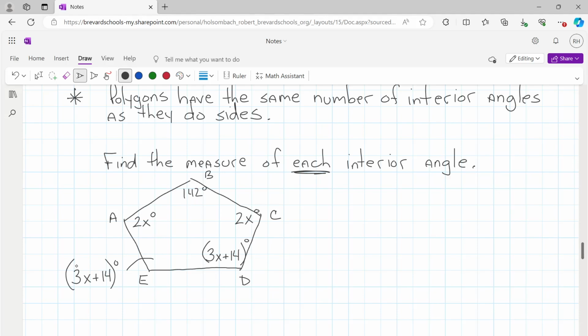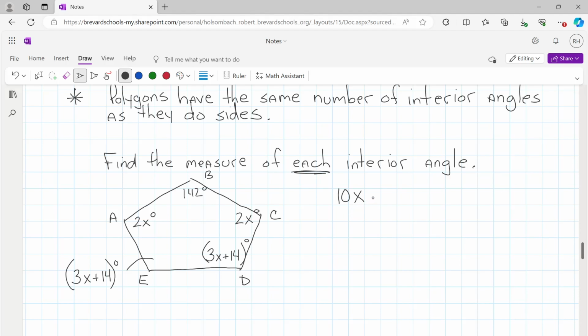So we're going to take a 3x plus a 3x, which is 6x, plus 2x, plus another 2x. So we got 6x plus 4x gives us 10x. We've got 10 x's here. And then we have a 14 plus a 14 plus 142. So 14 plus 14 plus 142 is equal to 170.